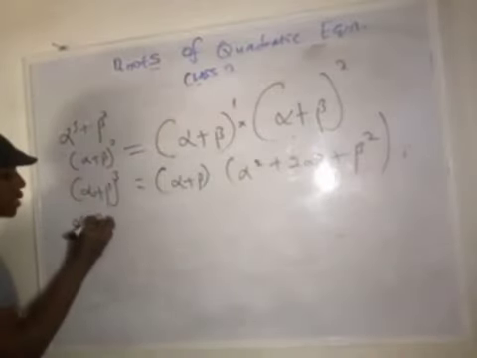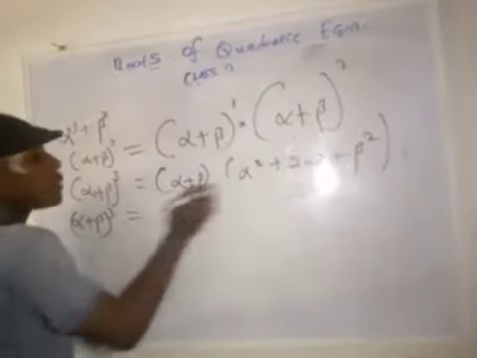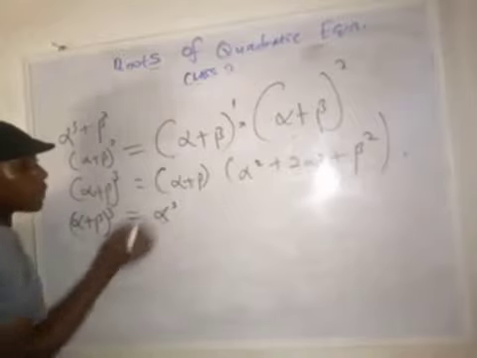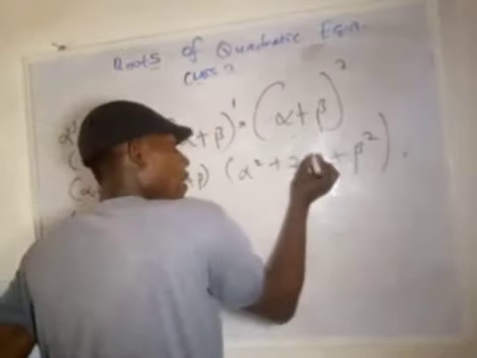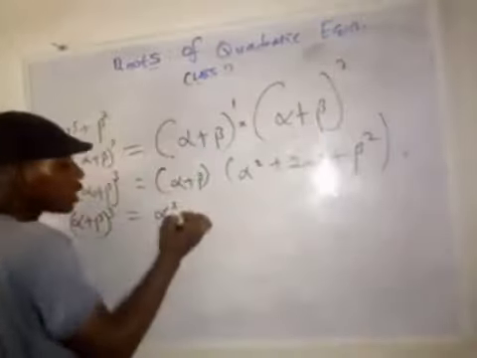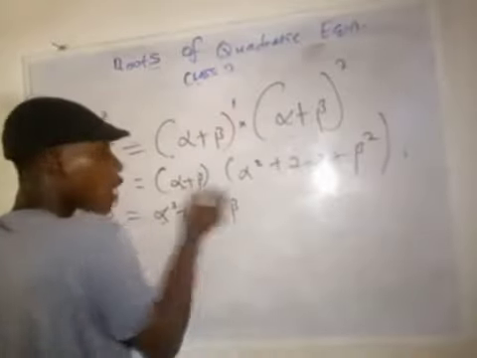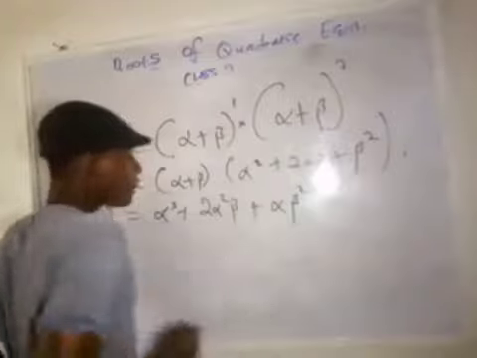Therefore, my alpha plus beta raised to the power 3 will now be equivalent to alpha multiplied by alpha squared. I'm going to be getting alpha cube. Are you getting the point now? Alpha multiplied by 2 alpha beta. The alpha will multiply this alpha here, giving me a square. So it becomes plus 2 alpha squared beta. Now, this alpha will also multiply this to become plus alpha beta squared, right?